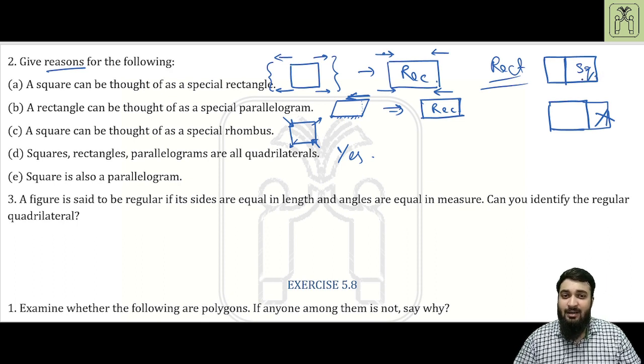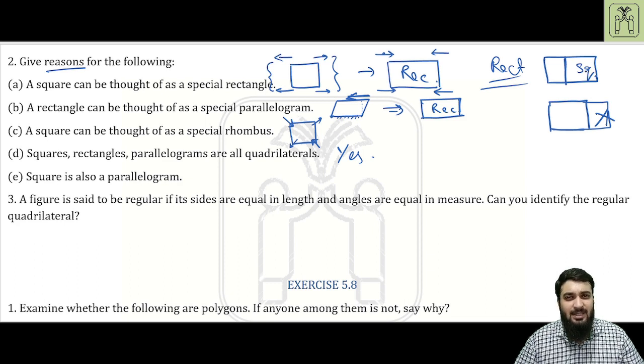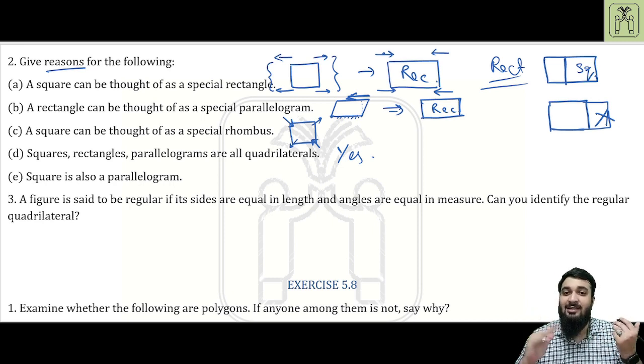Similarly, a parallelogram can be made in many types. Parallelogram का basic feature क्या है angle से related? That opposite angles are equal and adjacent angles are supplementary. तो मैं parallelogram ऐसा भी तो बना सकता हूँ जिसमें सारे angles 90 डिग्री हों, तो 90 और 90 ऑपोजिट एंगल्स इक्वल रहेंगे, उसके साथ साथ एडजेसेंट एंगल सप्लीमेंट्री भी रहेंगे। Therefore, parallelogram का special case एक rectangle हो सकता है, that is, a rectangle can be a special case of parallelogram.